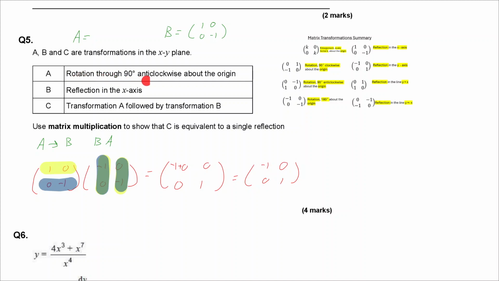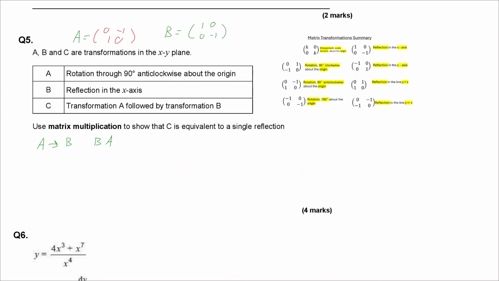A should have been 90 degrees anti-clockwise, which is 0, minus 1, 1, 0. Apologies guys, so if I get rid of all of this now, I'm not going to record the video again, just because it takes a little bit of time. Apologies, but we should be fine.